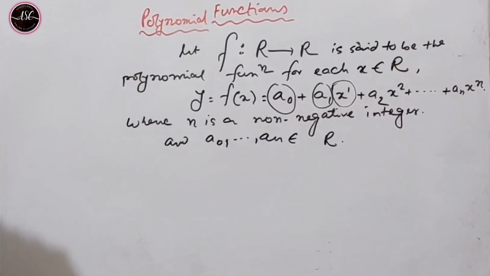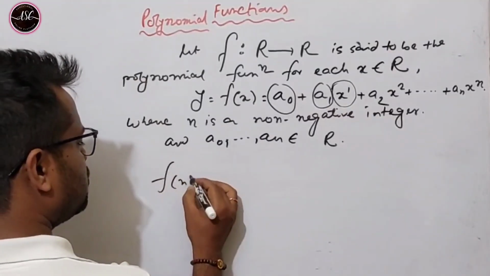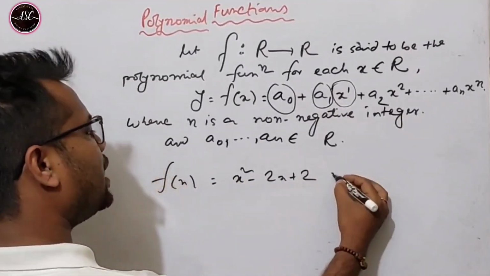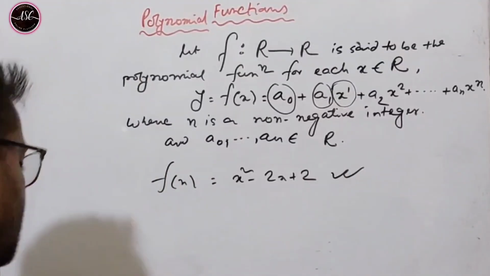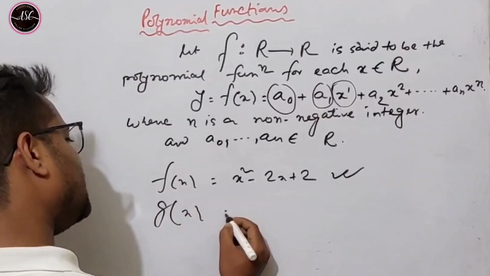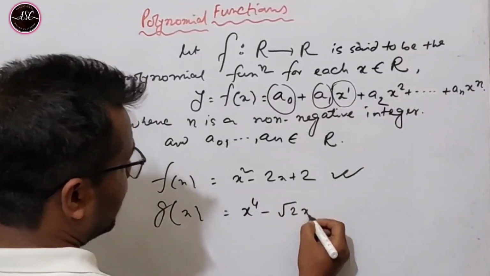So we have some examples. Let f(x) be equal to x square minus 2x plus 2. This is a polynomial function. And let g(x) be a function where g(x) equals x to the power 4 minus root 2 x.